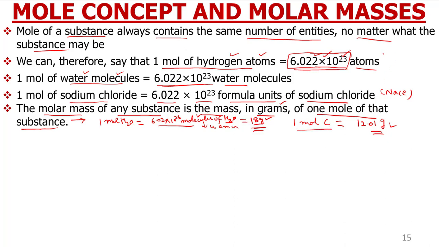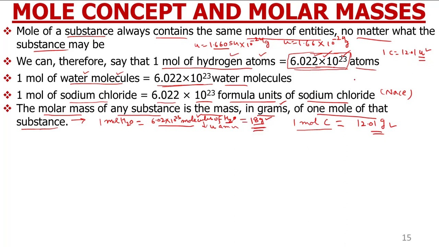Now the weight of a single carbon atom is 12.01 U, where U is 1.66054 × 10^-24 grams. So just remember, 1 U is equal to 1.66 × 10^-24 grams.